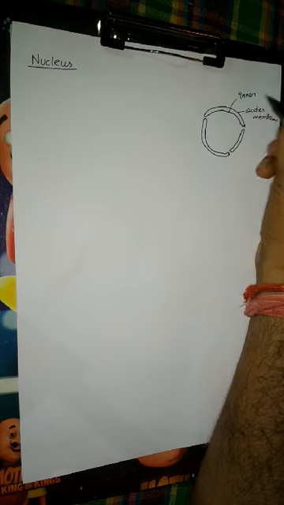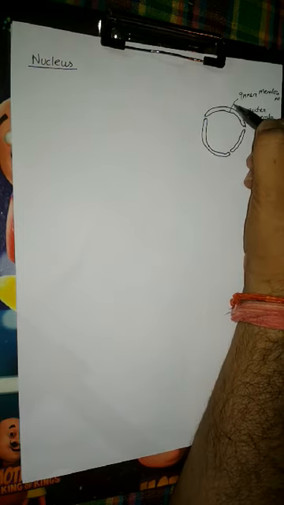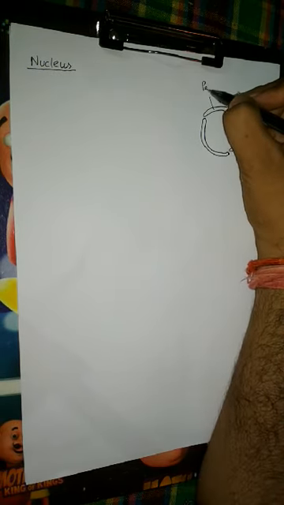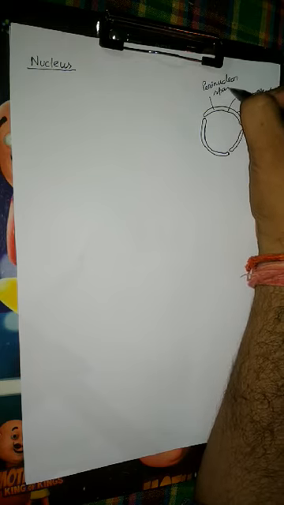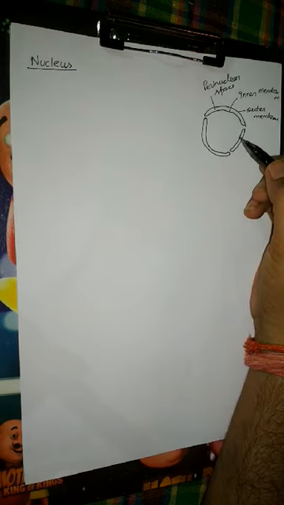This is the outer membrane. This is the inner membrane. And in between these two membranes a space is there, that is called the perinuclear space. So this is the outer nuclear membrane, inner nuclear membrane, and the space between these two is called the perinuclear space.